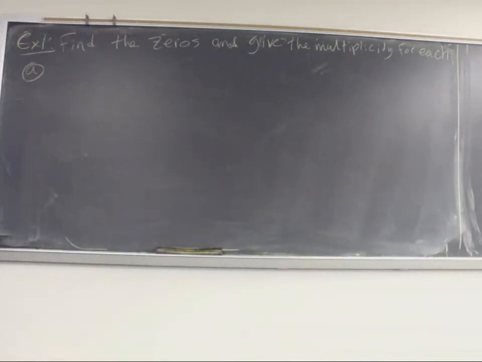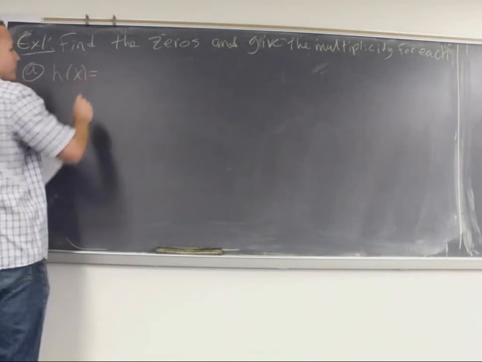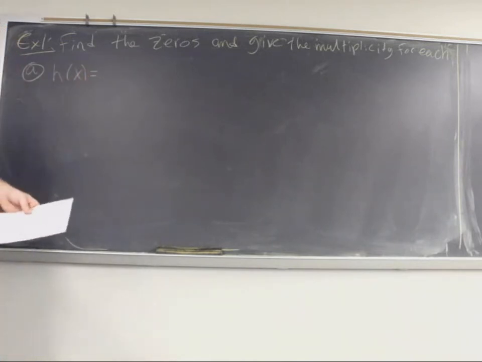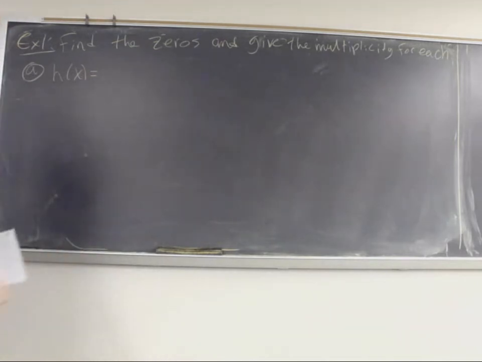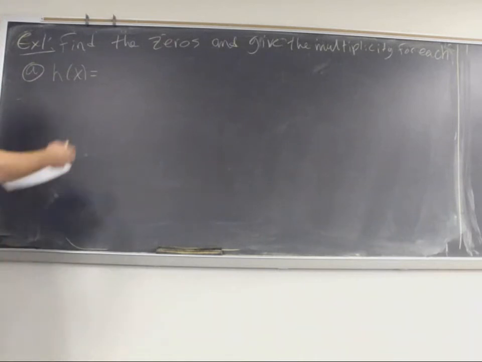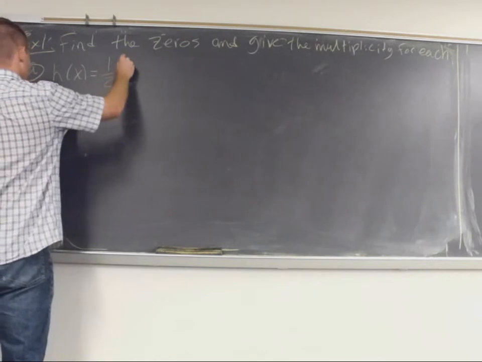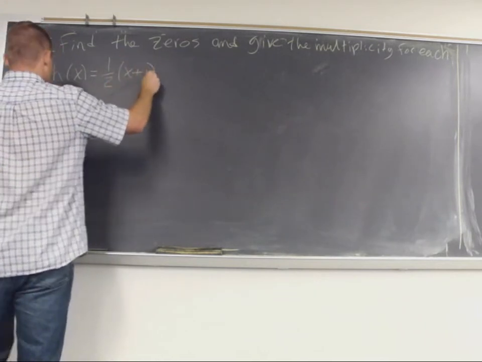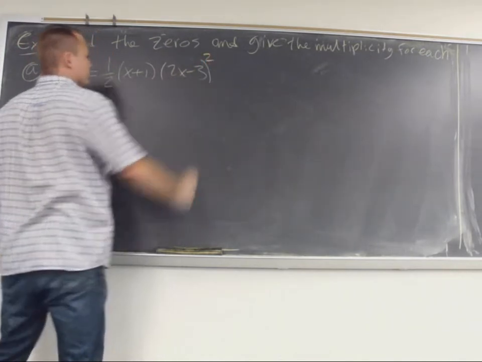Part A. And let's look at something that's already factored, so we don't have to do a lot of work up front. This example is meant to show you exactly where the multiplicity comes from, or how to figure it out. And then part B, we'll get into the longer examples. So let's say we have 1/2 times x plus 1 times 2x minus 3 squared.